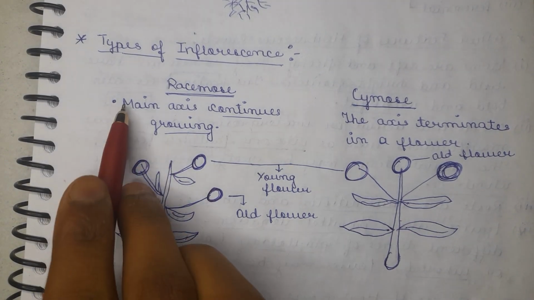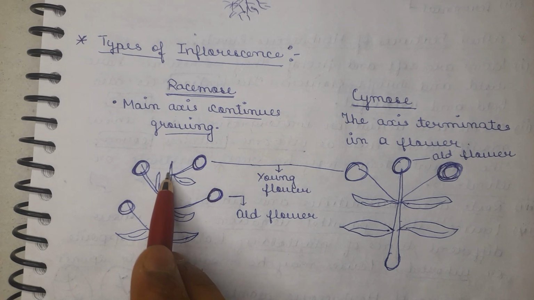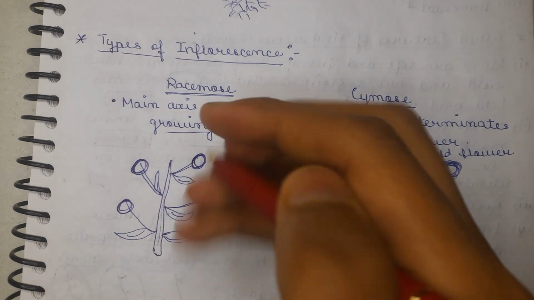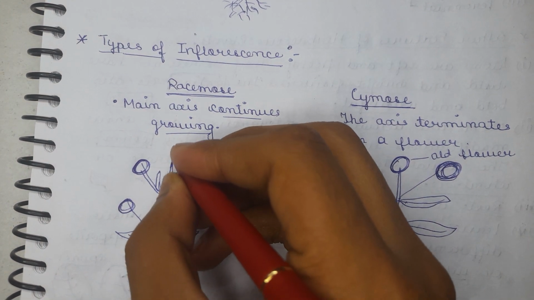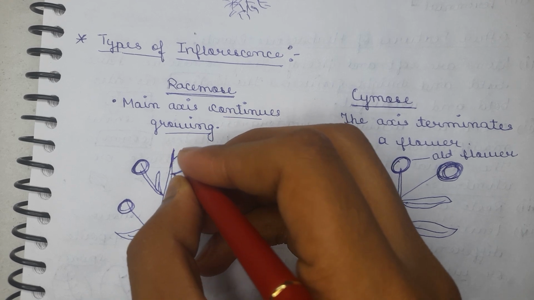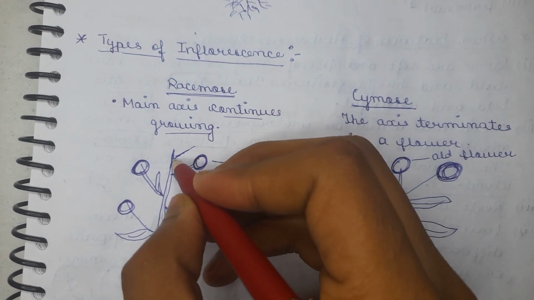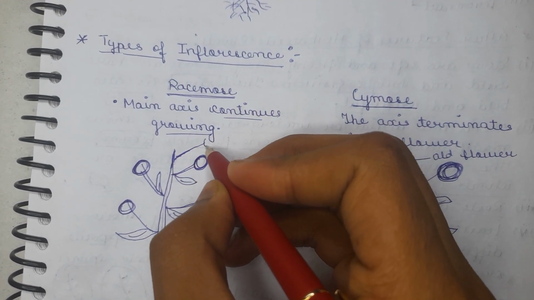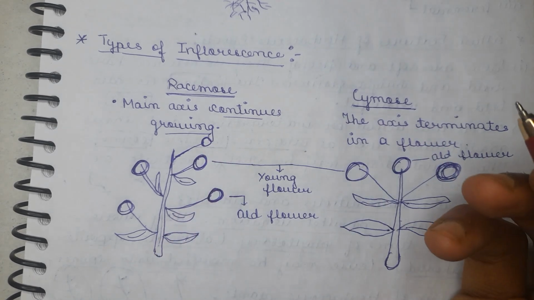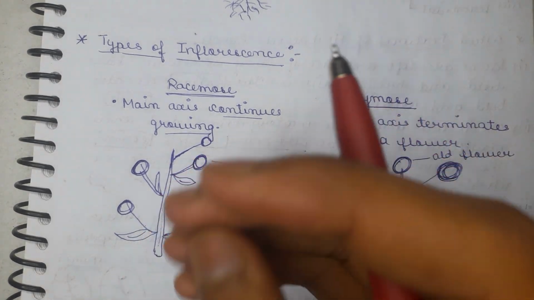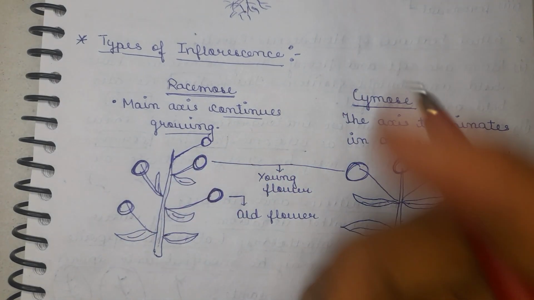This is the main axis, and the main axis continues to grow. Then one more stem will appear, and at the tip of it one more flower will grow.